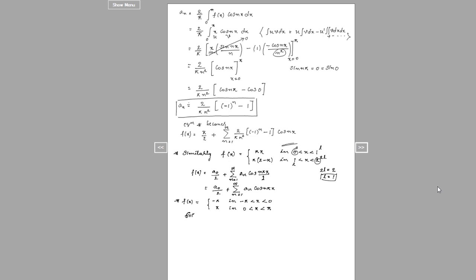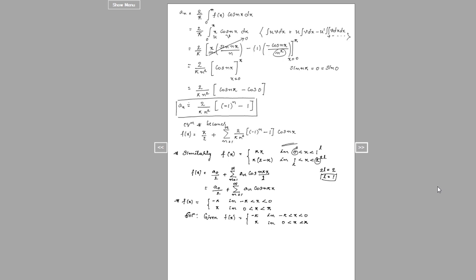Going with the solution, write down the given function once again: f of x is equal to minus pi in minus pi less than x less than 0, and x in 0 less than x less than pi.